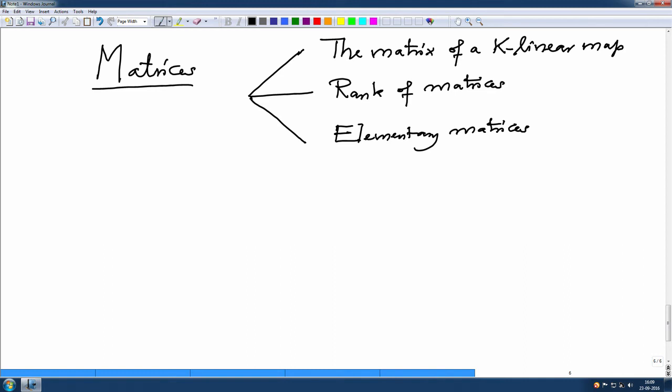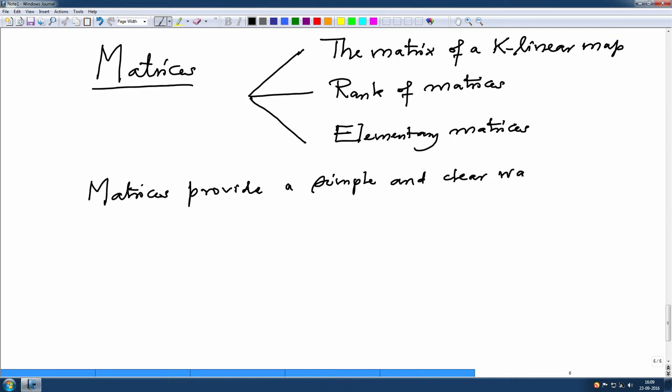So, matrices provide a simple and clear way for mathematical computation of linear maps.